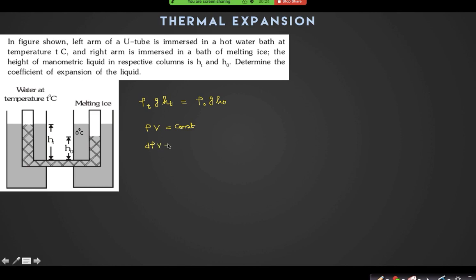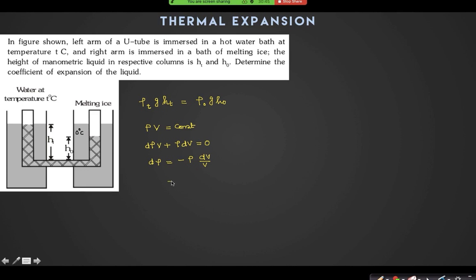So d rho into V plus rho into dV equals 0. So d rho is equal to minus rho into dV by V, right?